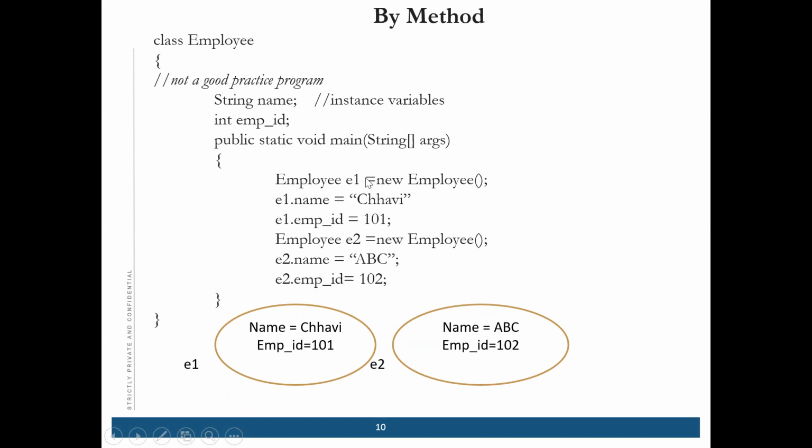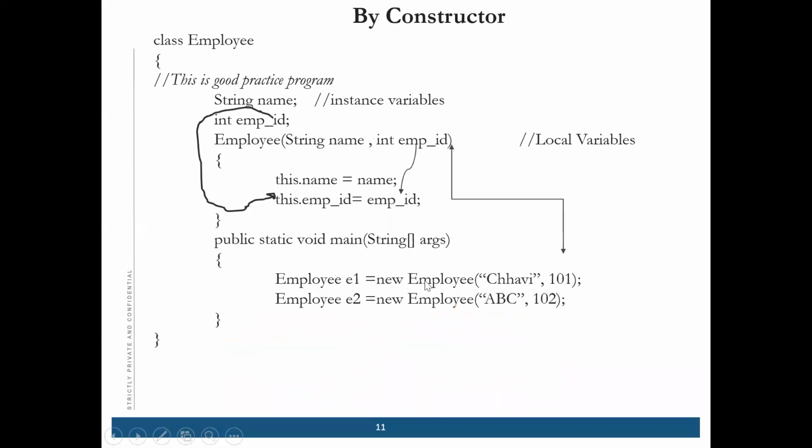You create an object for one employee and give the name and ID. But for 500 employees, you would have to write 500 into 3 lines, right? I don't think this is a good practice either. It is one way to solve your problem, but it is a very tedious job.